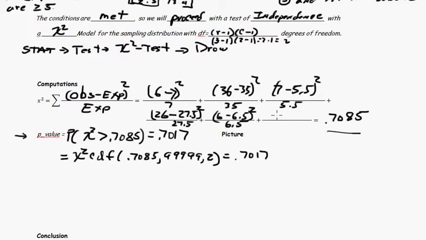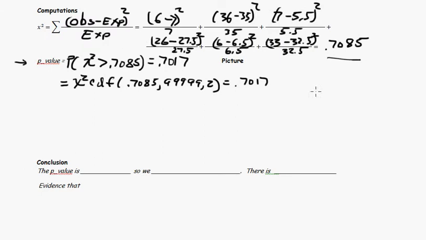And then 33 minus 32.5. Notice our numbers are pretty close now. That's why we have such a high p-value. So we evaluate p the same way. For the picture, you will see on your calculator that we have 0, and then it's not going to have a hump to the curve yet.